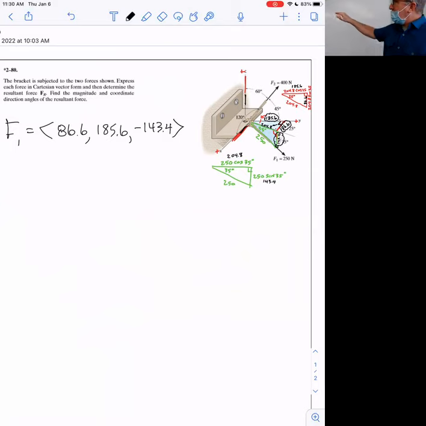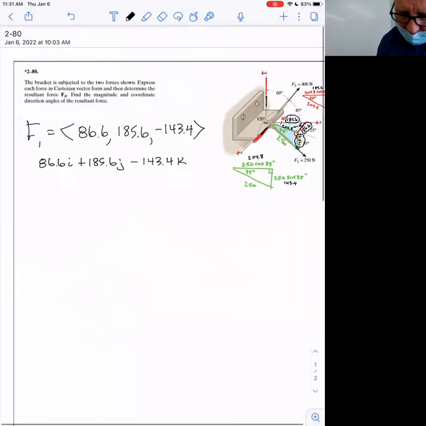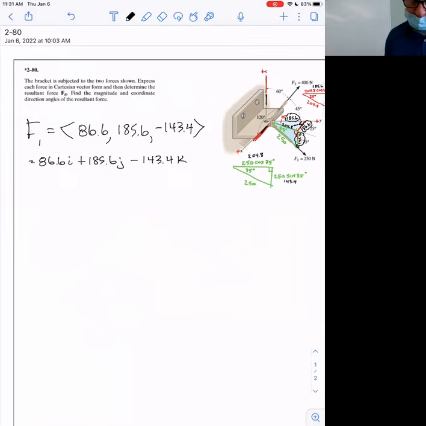Because I wrote it there with those brackets and commas, I don't need the IJK, because we're used to seeing that as X, Y, Z, in alphabetical order. But I could have just as easily written this as 86.6 I plus 185.6 J minus 143.4 K. And it is kind of a good thing to even put a little vector symbol over the top of that.